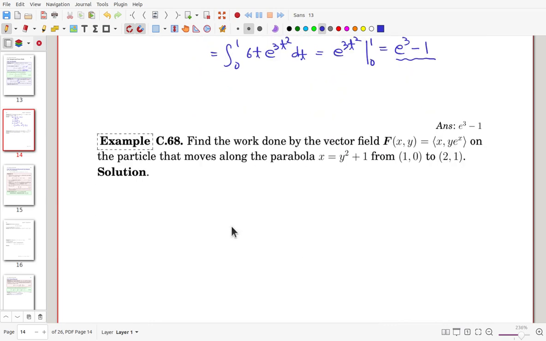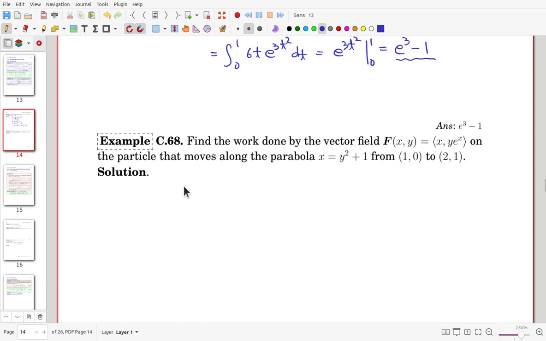For the vector field, we'll try to get a line integral. The vector field is given here, and it's moving a particle along the parabola, that is the curve, from 1, 0 to 2, 1. So the vector field integral must be work.